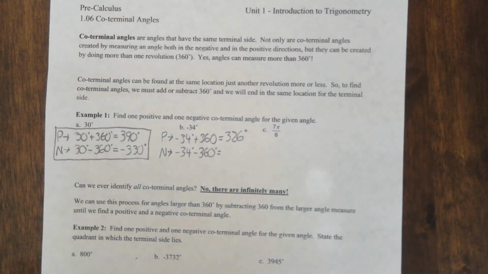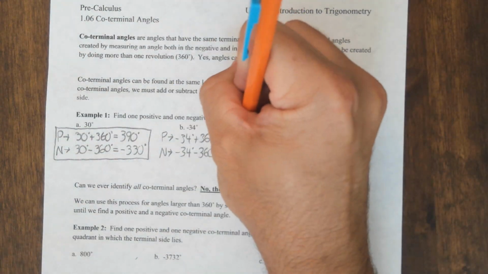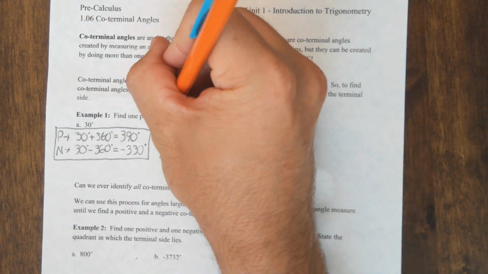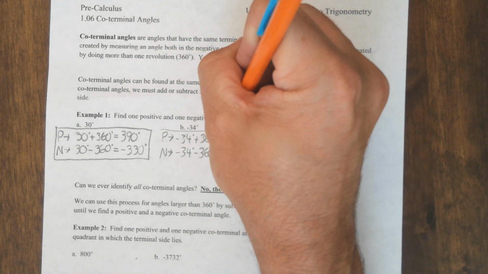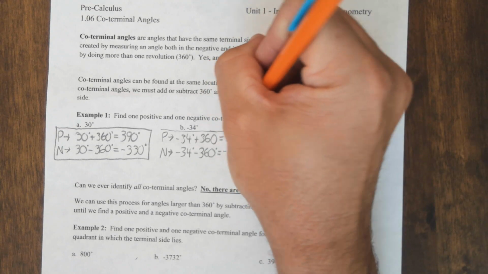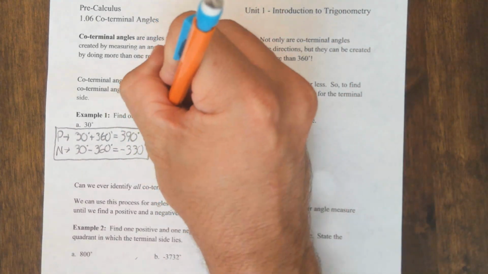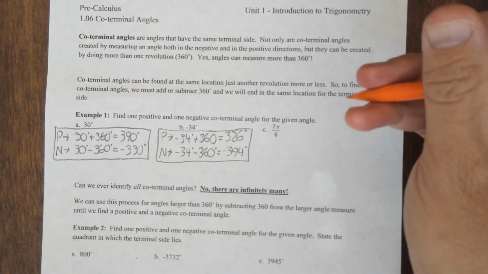When I do that, I'm going to get negative 394. So again, for positive, just take that angle and add 360 until you get a positive angle. Take the same angle you started with and subtract 360 until you get another negative angle, and there's your positive and negative coterminal angles.